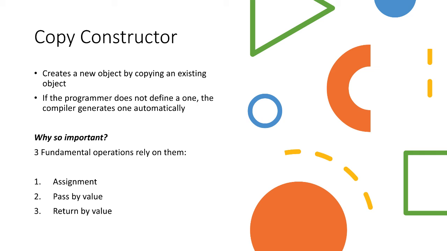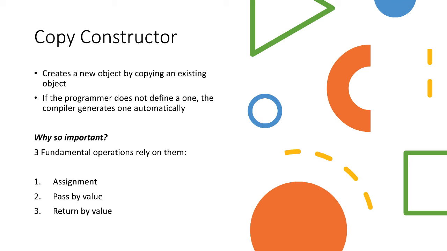When you're assigning your class to another class of that same type, say you have a person, P1, and you're assigning a P2 person to that P1, that is how we're going to use the assignment operator. So your copy constructor uses the assignment operator for that.